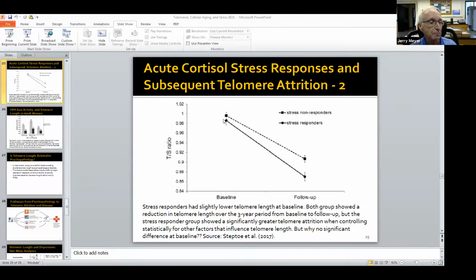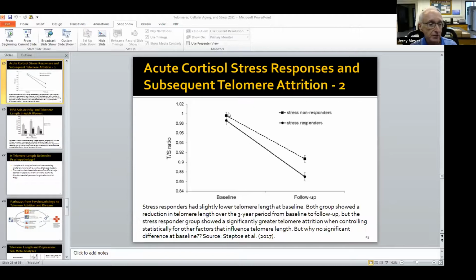Very little difference at baseline. And here they are, a significantly greater rate of attrition over 3 years in the individuals who had responded to those stressful tasks. So this supports the hypothesis that greater stress responsiveness is associated with a more rapid rate of telomere attrition.